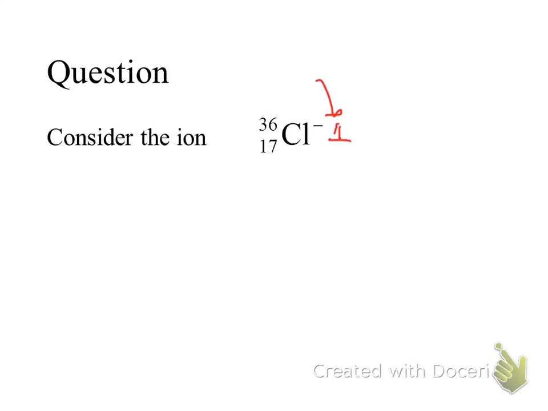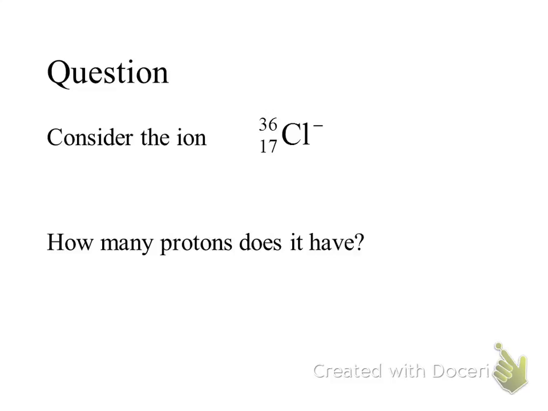Okay, so same deal. How many protons? 17. Very good. How many electrons? 18. Very good. Any questions about that? Good. How many neutrons? 19. Very good. Again, sometimes I get a calculator out, so don't worry if you do too. Good.